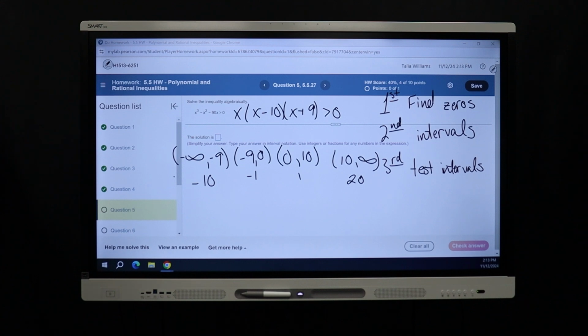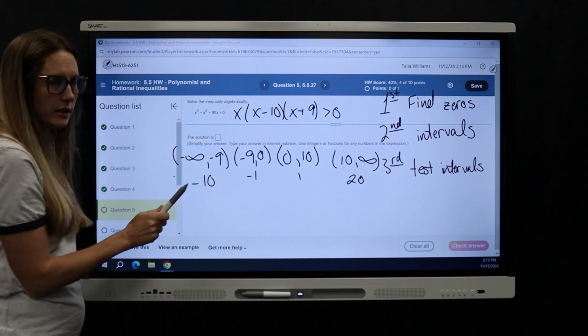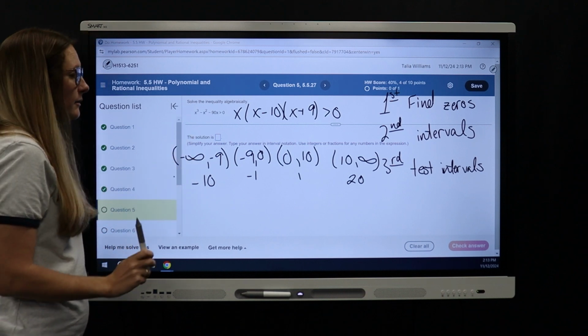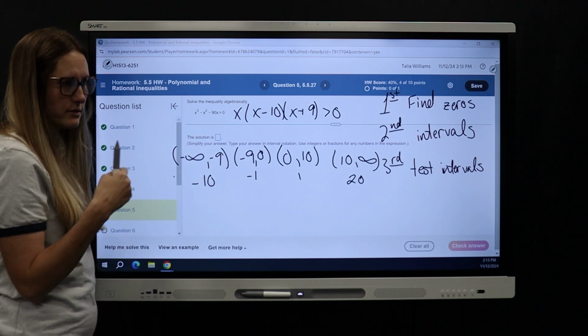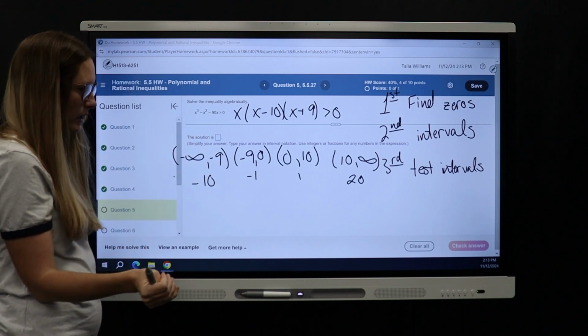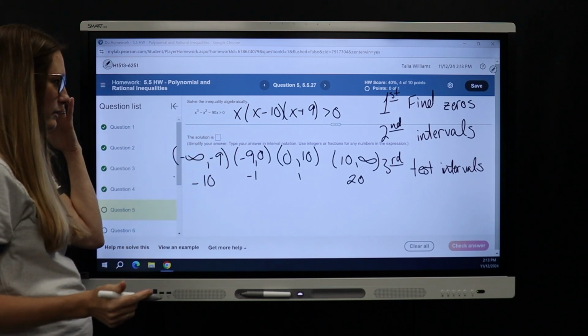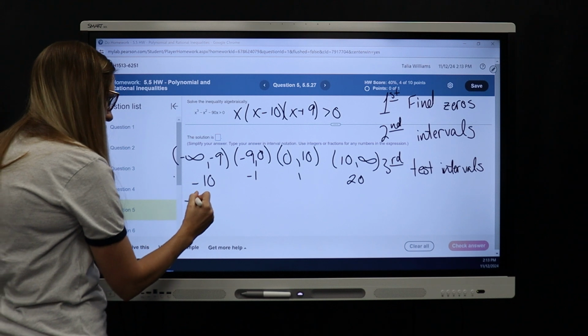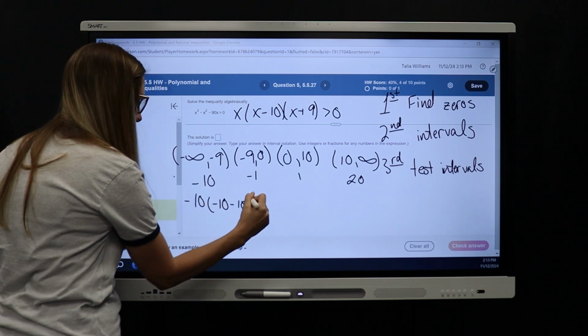So I can decide if I want to use my factored one or this one. If I was using a calculator, which I'm not, but if I was, I'd probably just plug it into this, and whatever that number is, is it greater than 0 or less than 0? I'm going to go ahead and plug them into the factored one, though, because I'm doing it in my head. And I'll have to erase these as I go because it's going to take up way too much room.